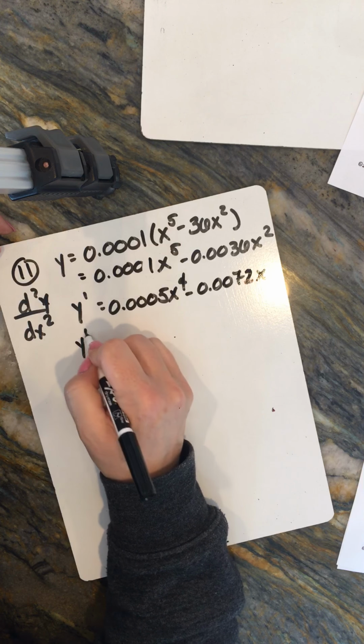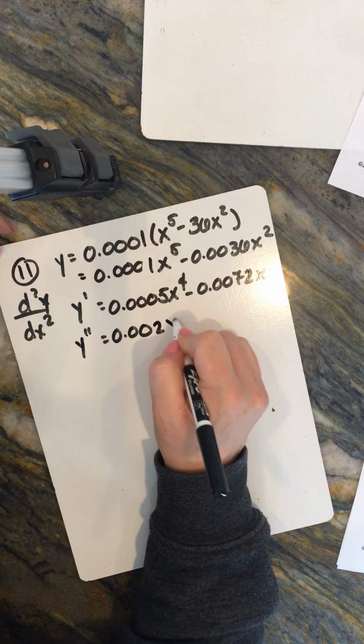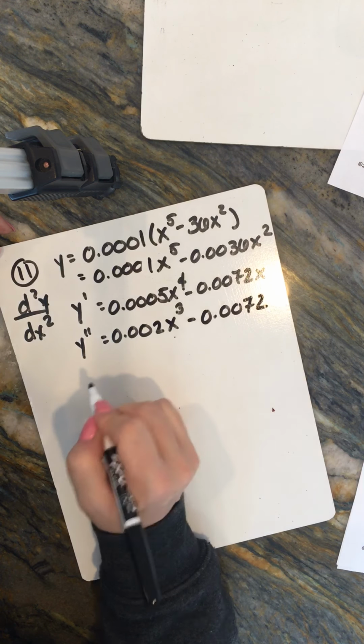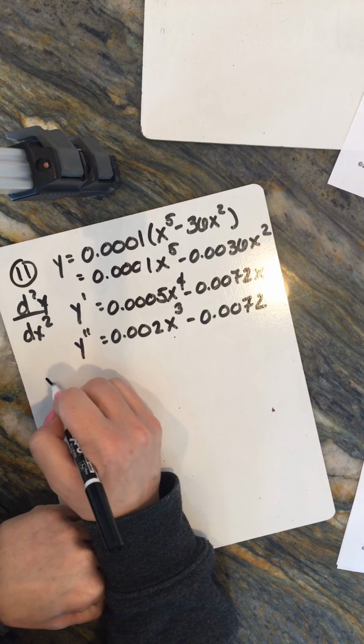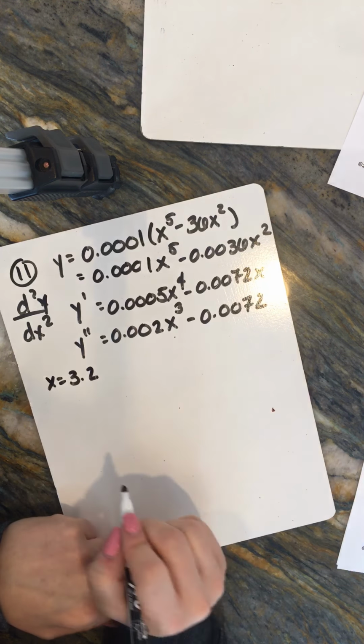They want the second derivative, so do it again. 0.002x to the 3rd minus 0.0072. And they want it at x equals 3.2. So plug in 3.2 for x, and you should be good to go.